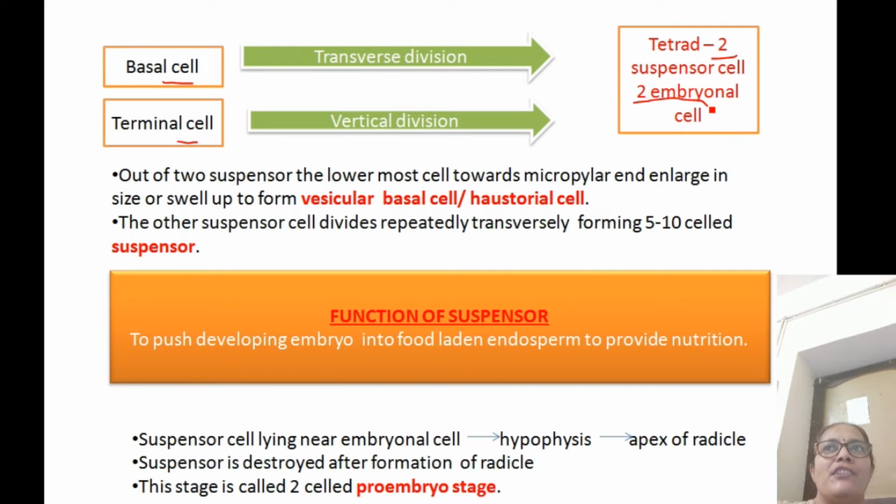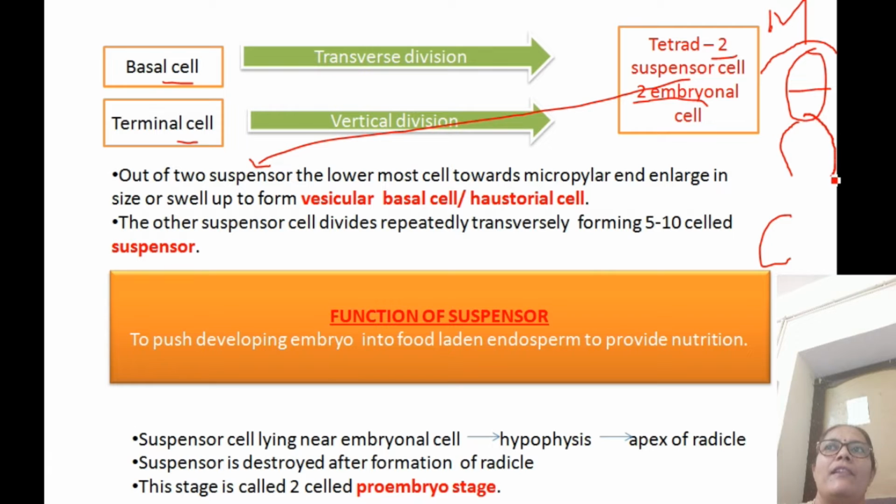So out of these two suspensor cells, the cell which is lowermost towards the micropylar end, it will be like this. This is the two cell stage, this is the micropylar end and this is the chalazal end. And the embryonal cell is divided vertically into two like this.